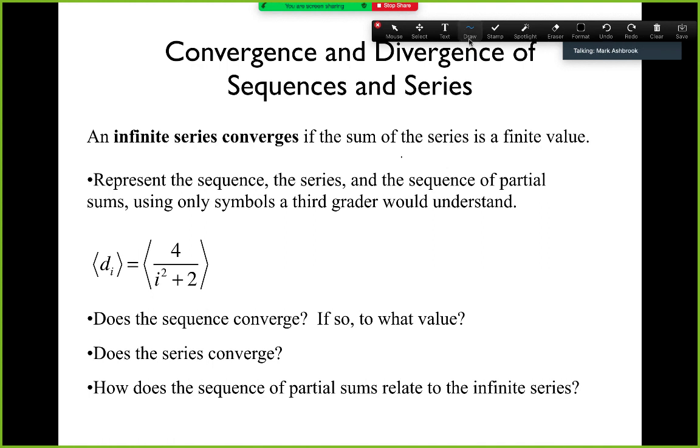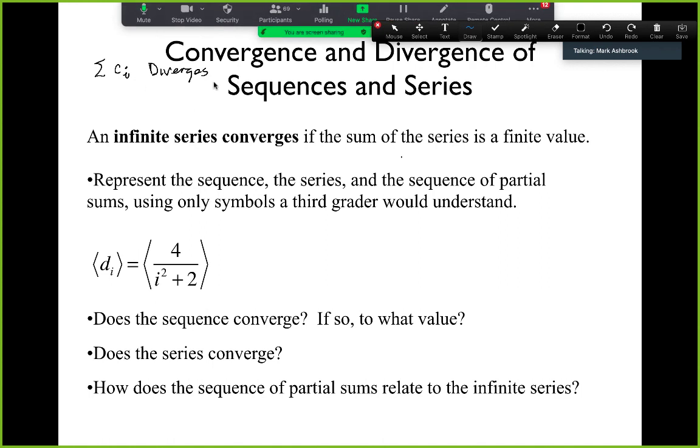Okay, so here we go. So what about this one? We said the last series, CI, diverges. It didn't converge, right? Because we just kept adding 3 over and over again. The limit of the sequence was 3. And so we saw that if you tried to add all those terms up, you just keep adding 3, 3, 3, 3, 3.